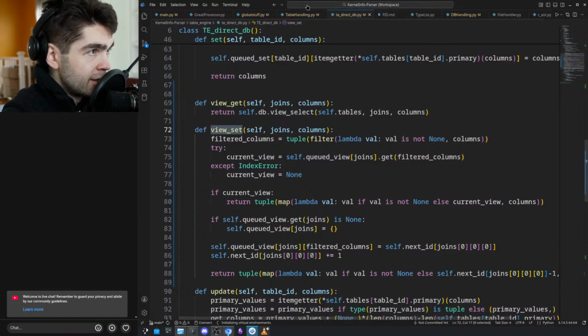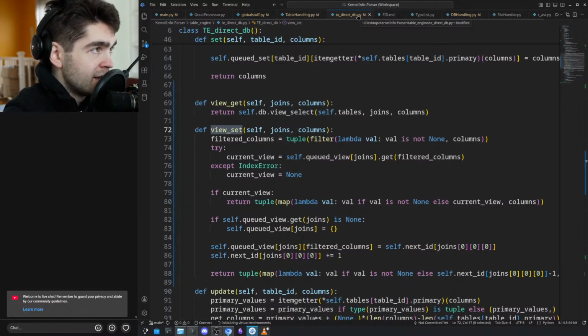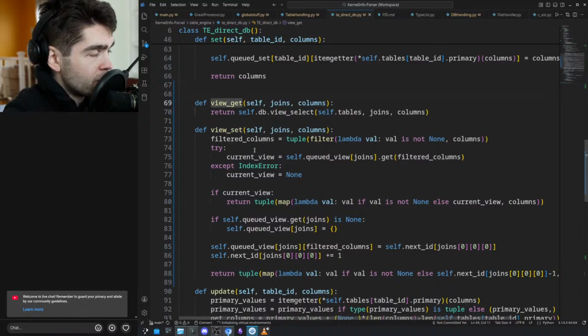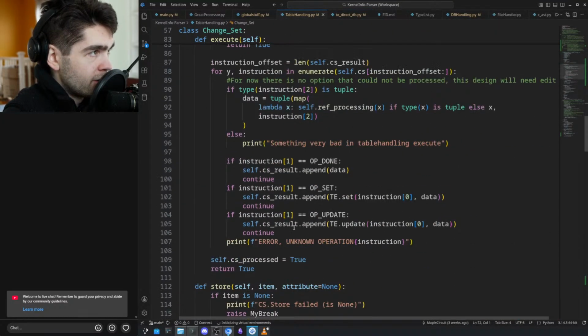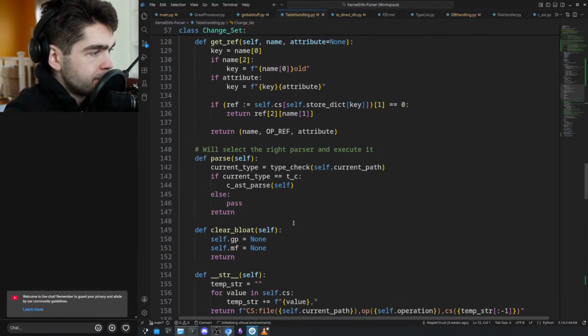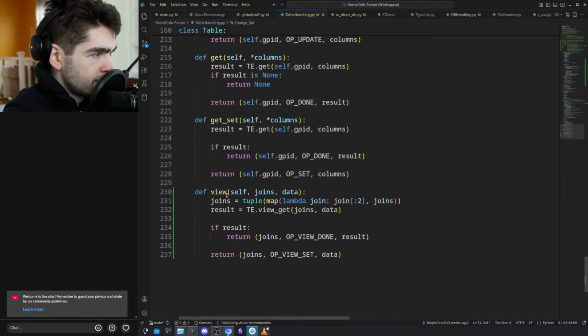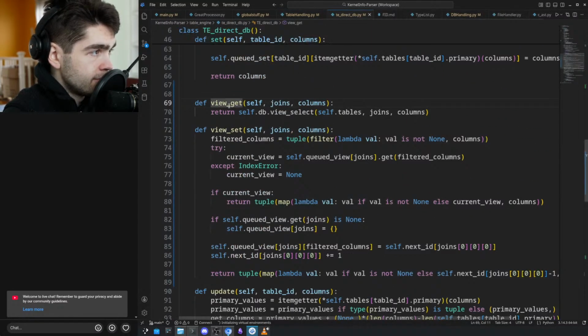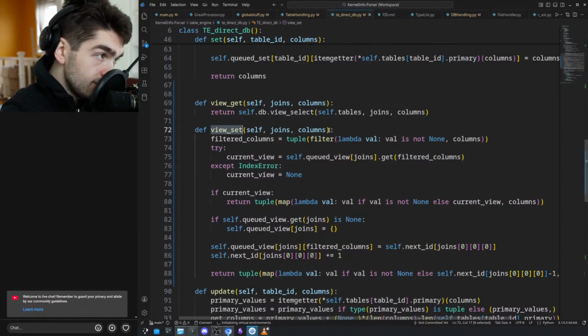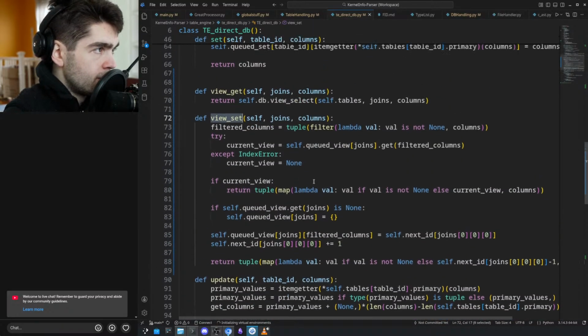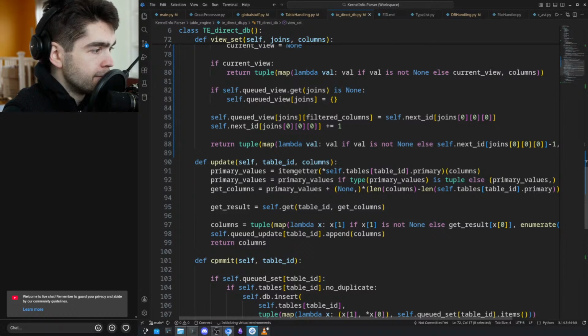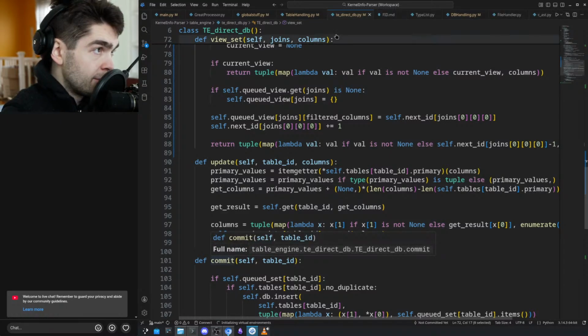So I've implemented the table side of things in the table engine side of things. So both are fully implemented. Now, what we need to implement is the... well, I'm a liar.